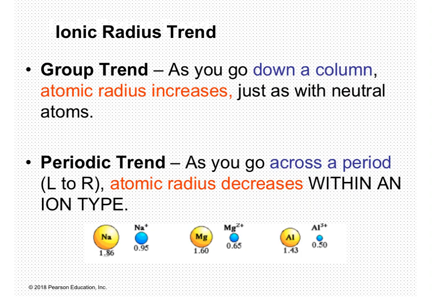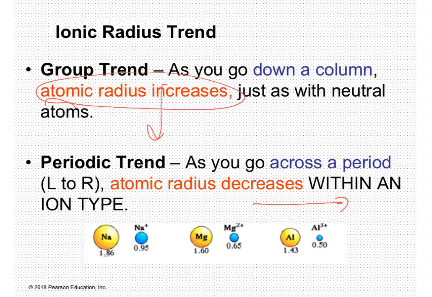So what is the overall trend of cations and anions as you go down a group and across a period? Well, as you go down a group, atomic radius or size of the ion increases just as you would expect. Okay, you still have the added energy levels.